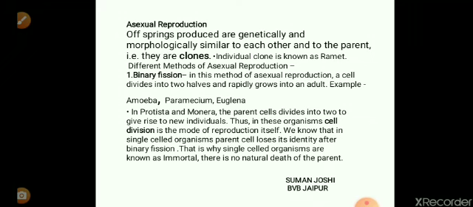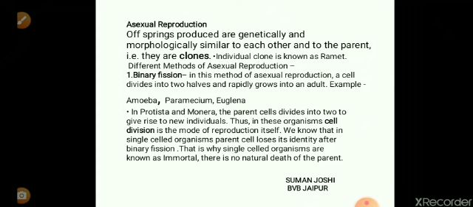So there is some difference in binary fission which occurs in Protista and Monera. Both are single-celled, of course Monerans are prokaryote and Protista are eukaryote, and when these organisms divide, this cell division is actually the mode of reproduction.